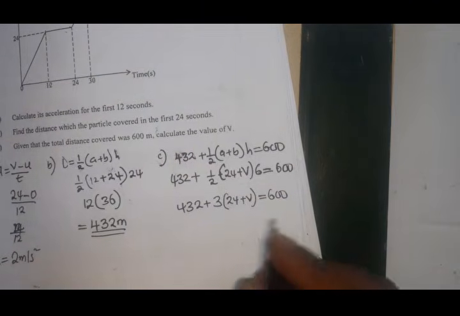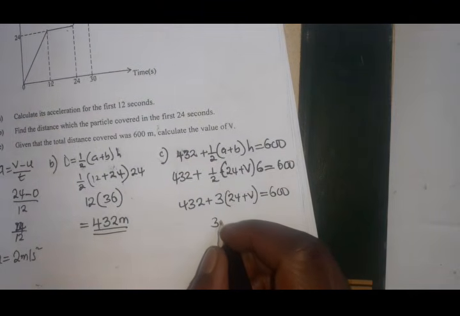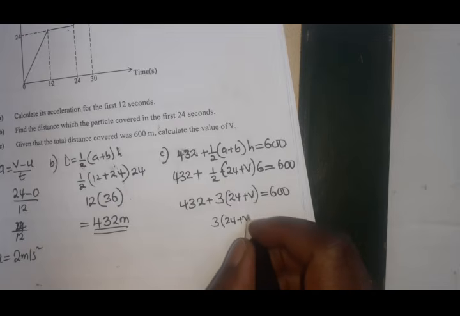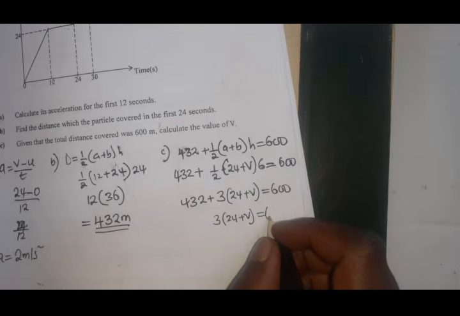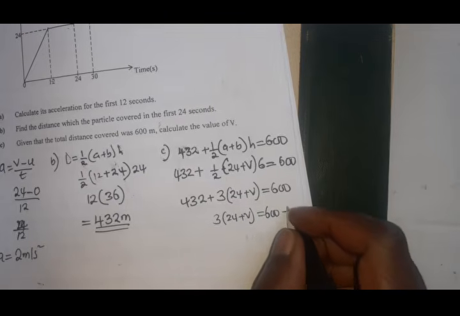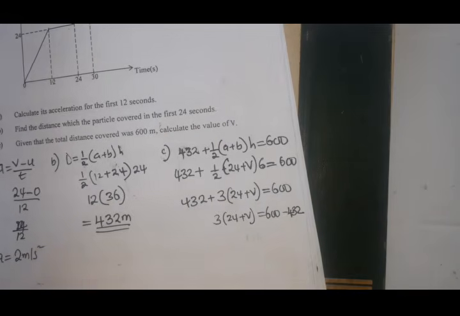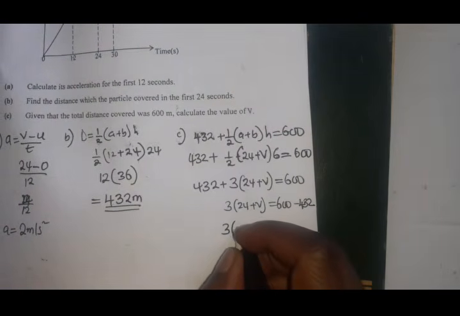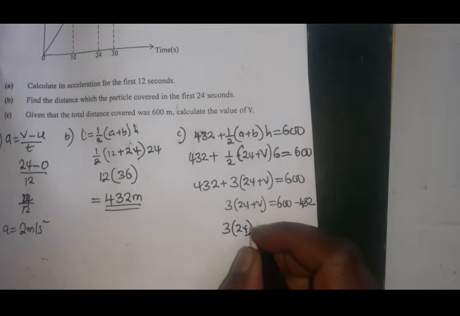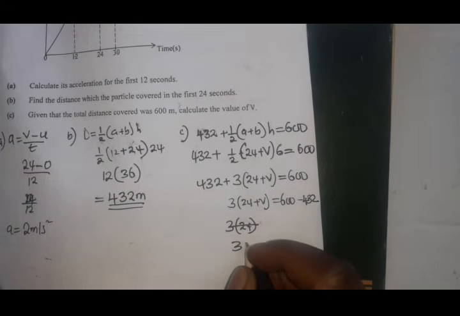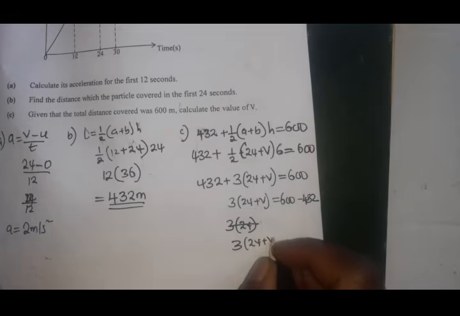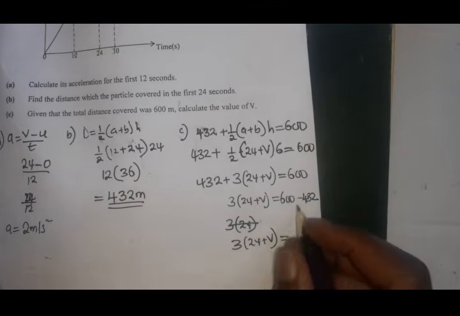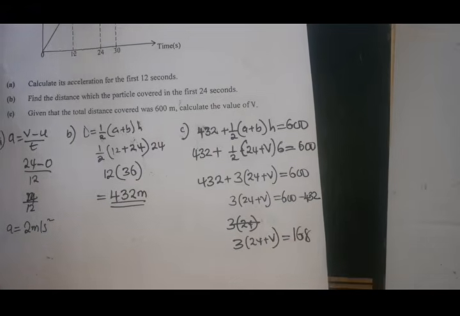Then we can say 3 times (24 plus v) is equal to 600 minus 432. When you subtract, you get 168.